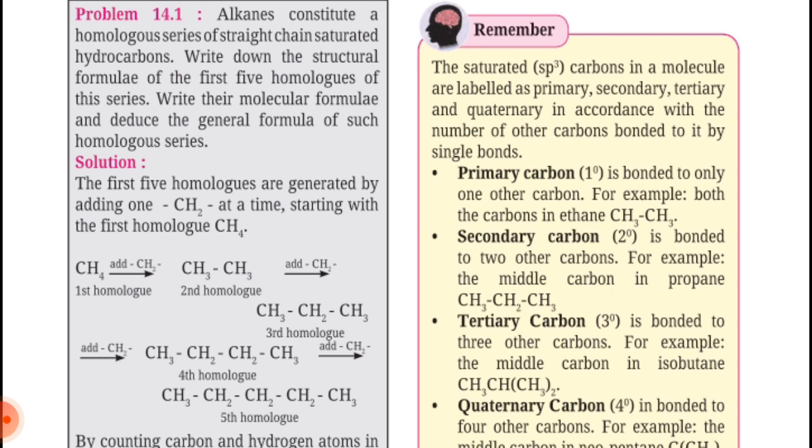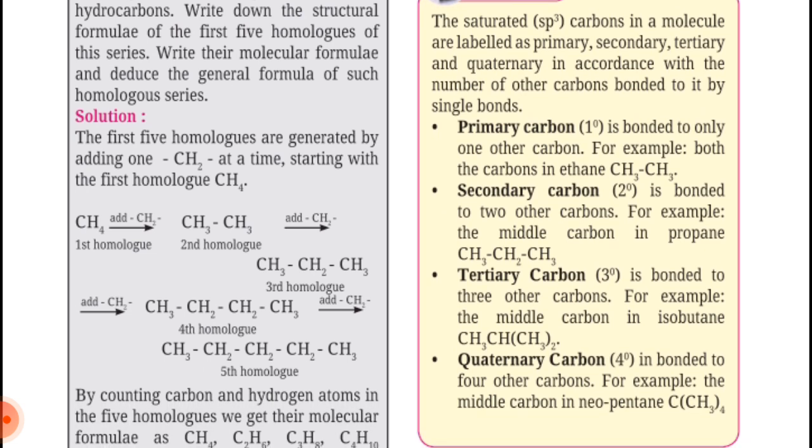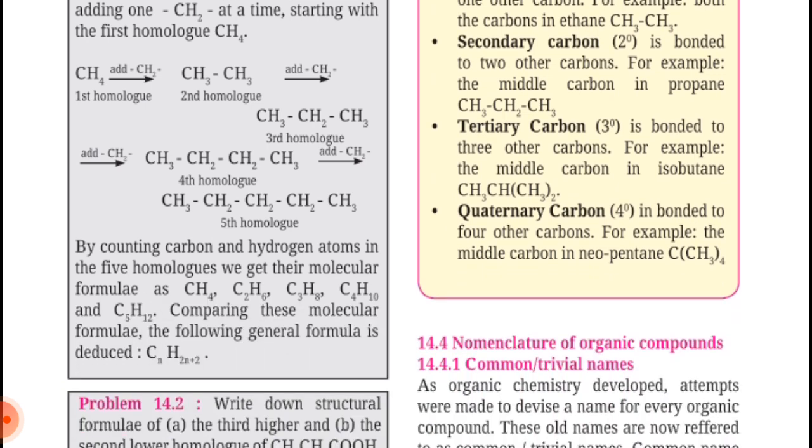Add CH2: CH3CH2CH3, third homologue. Add CH2: CH3CH2CH2CH3, fourth homologue. Add CH2: CH3CH2CH2CH2CH3, fifth homologue. By counting carbon and hydrogen atoms in the five homologues, we get their formulas as CH4, C2H6, C3H8, C4H10 and C5H12. Comparing these molecular formulas, the following general formula is deduced: CnH2n+2.